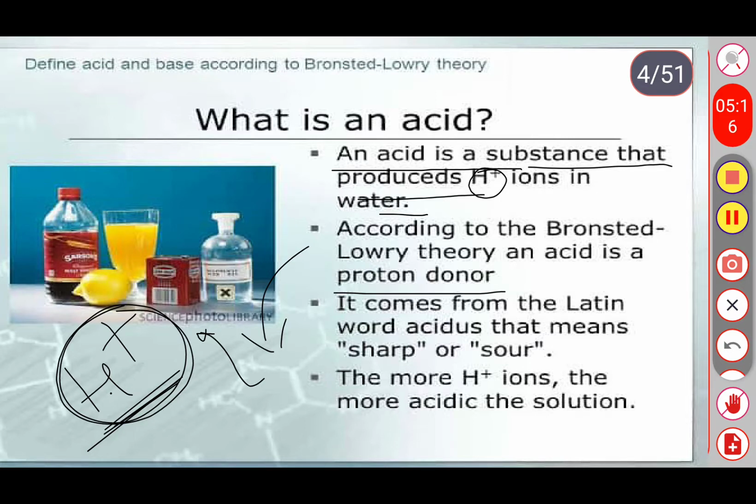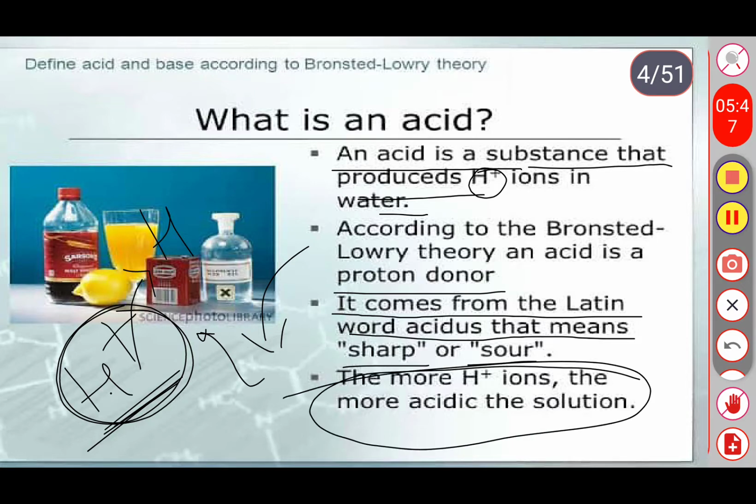It comes from the Latin word acidus, which means sharp or sour. And the more H plus ions, the more acidic the solution. It means when you dissolve an acidic substance in water, if it releases a maximum amount of hydrogen ions, then the solution is highly concentrated.